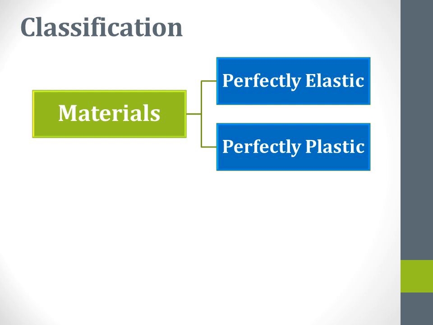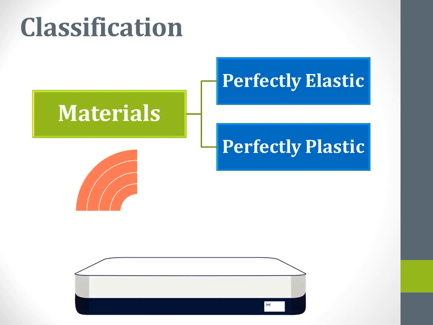Materials can be classified as perfectly elastic and perfectly plastic depending on their elastic nature. What is a perfectly elastic material? Here, the mattress undergoes a deformation when a pressure is applied, and later, when the pressure is removed, the mattress comes back to its original size and shape.